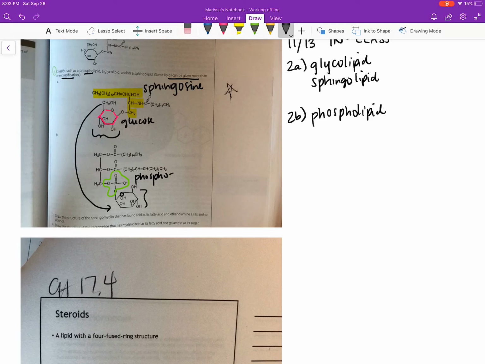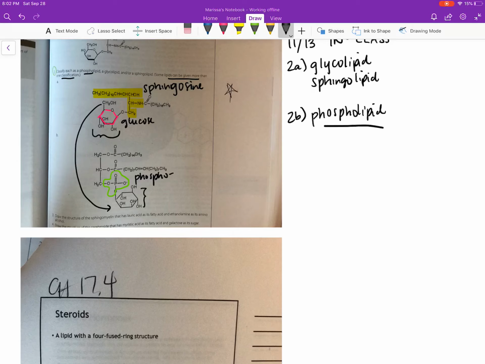It would only be the phospholipid because the glucose group is not there. Okay, so that's a good example of how to do that wrong, because now I can see that the glucose unit is not there. Okay, so don't get rid of your in-class worksheet quite yet. We're going to have one more at the very end of this chapter.